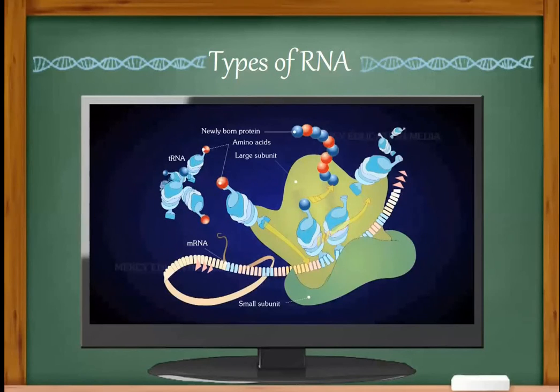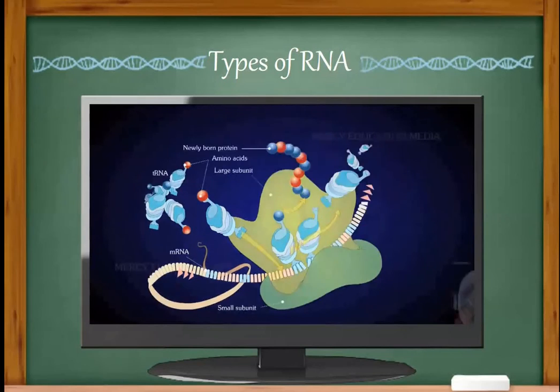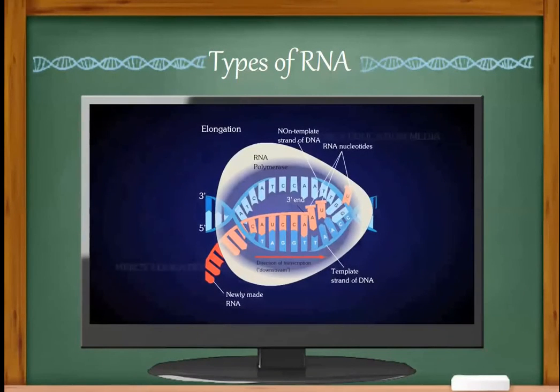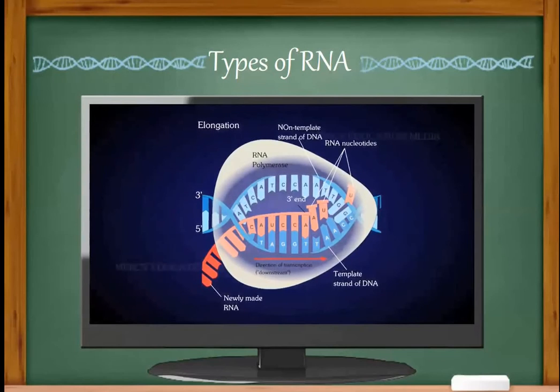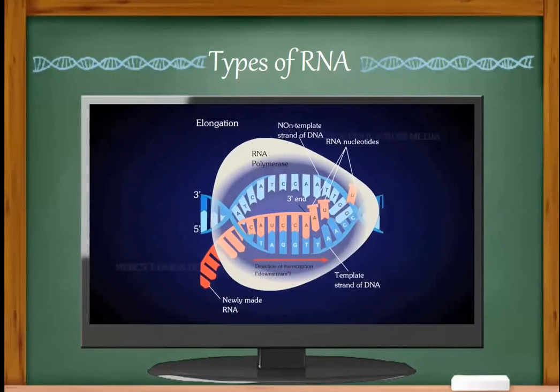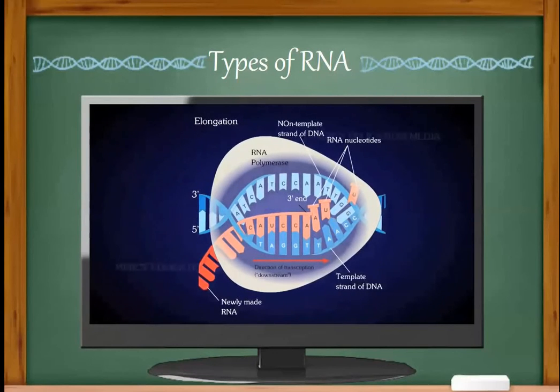The type of gene that is involved in protein synthesis depends upon their strength, kinds, and sequence of nucleotides. It is about 3 to 5% of the RNA content of the cell. The mRNA is always single-stranded. The mRNA is produced as a complementary copy of the DNA which is involved in protein synthesis.